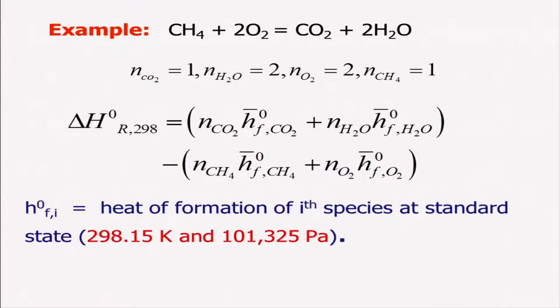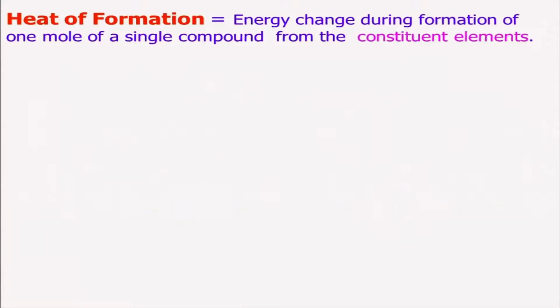So, now we need to find out the heat of formation of the species at the standard state, that is 298.15 Kelvin and 101.325 kilopascals. Heat of formation is basically the energy change during the formation of 1 mole of a single compound from its constituent elements.